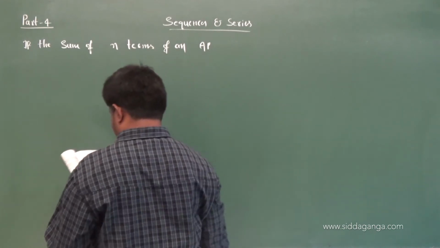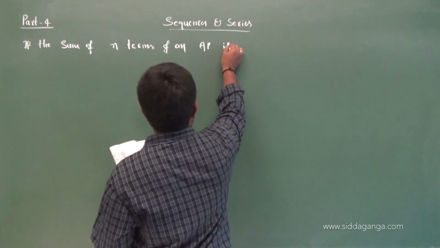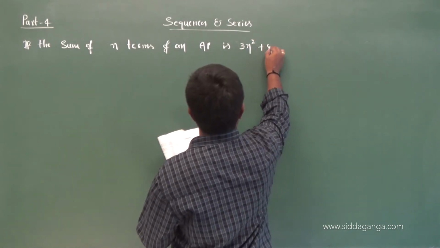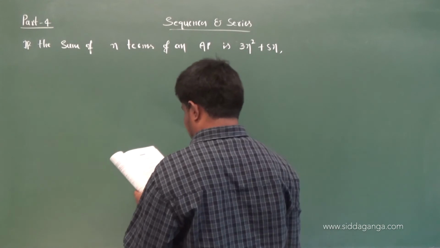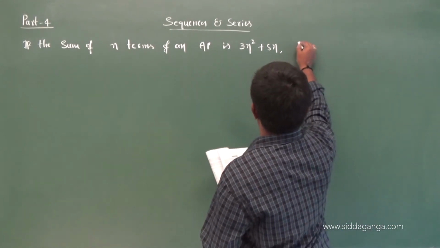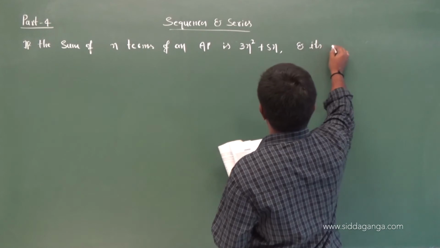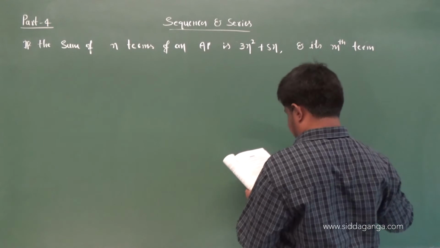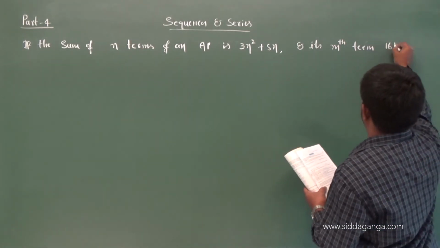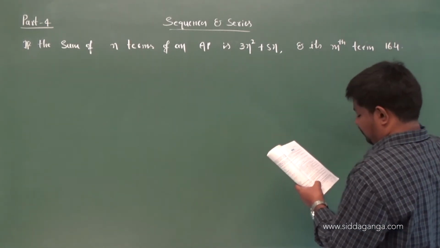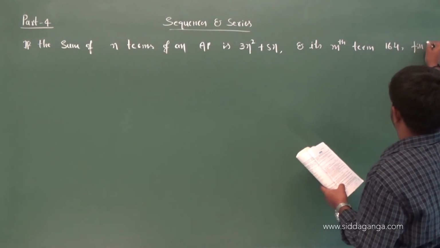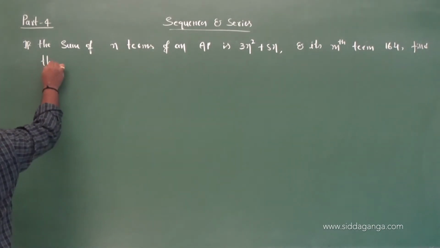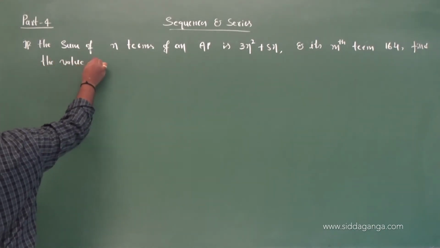If the sum of n terms of an AP is 3n square plus 5n, and its mth term is 164, find the value of m.